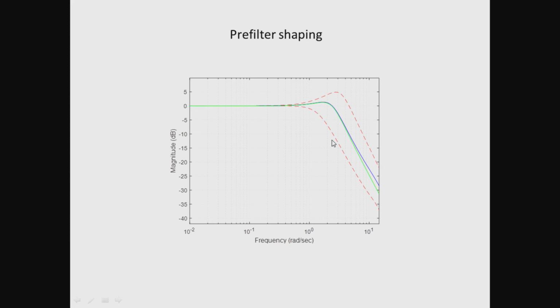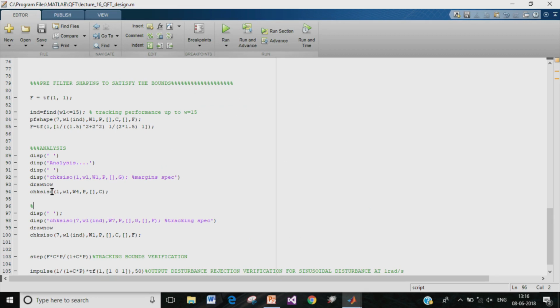The next step is to check for performance. The first check that we need to do is to ensure that our stability specification has been met, and the function that allows us to check for stability is the function chksiso. The first input argument to this function is the problem type, and for stability considerations the problem type has to be equal to 1.